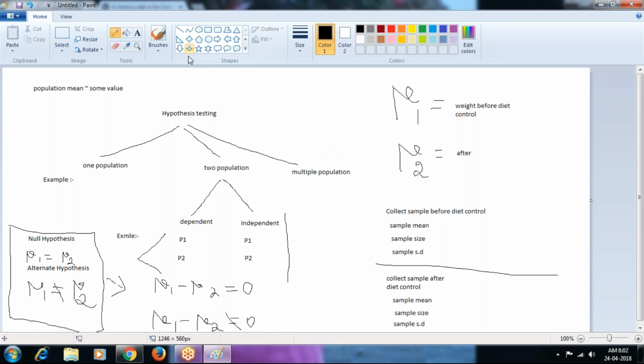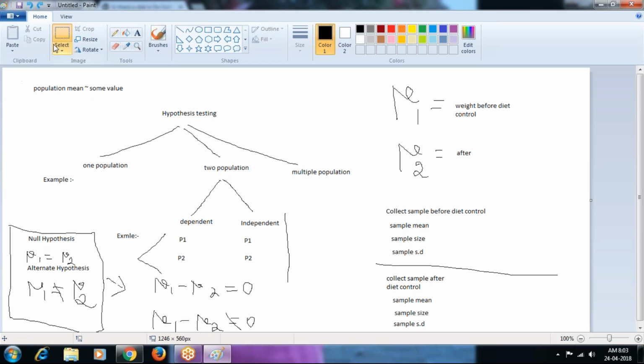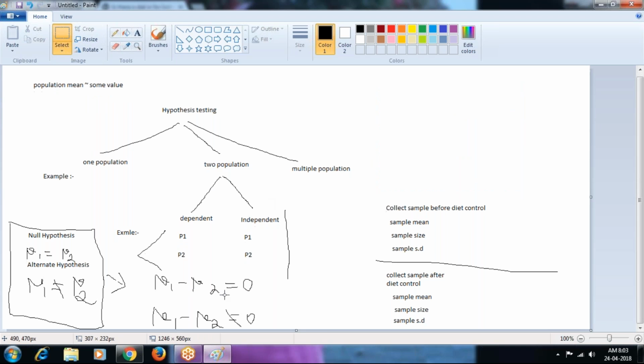Now I will have the assumptions. The assumption says the sampling distribution follows a normal distribution.